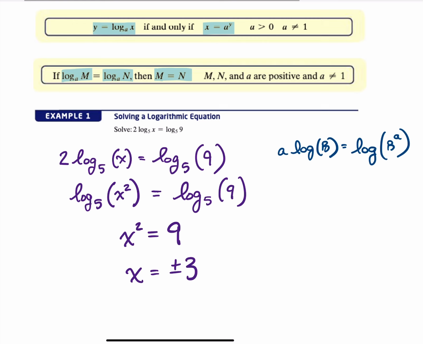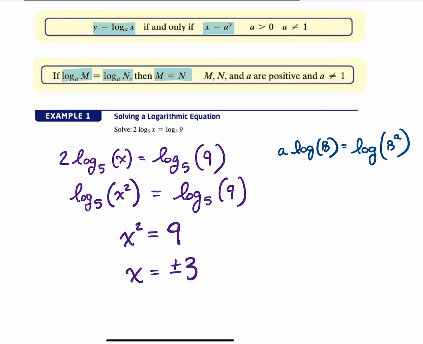And it's tempting to stop there, but let's remember the domain of the logarithmic function. What's the domain? It was all values greater than 0. So it can't be equal to 0, and it cannot be negative. And it doesn't just mean if I have a negative x, because I still could plug a negative x inside of a log, and maybe it gets added to some number that makes it positive in the end. So that doesn't necessarily mean we should automatically throw it out. We want to look in context at the logarithms we have.